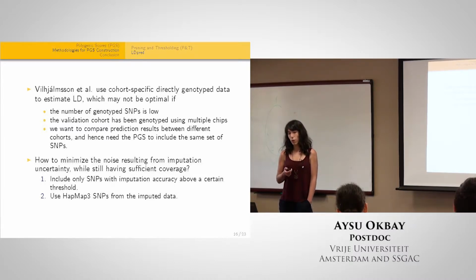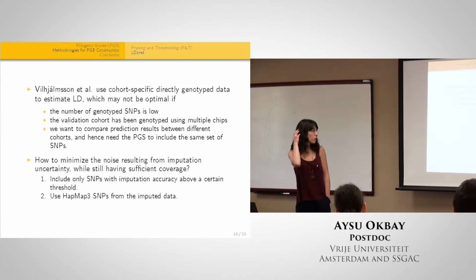Or it's a problem if your validation cohort has been genotyped using multiple chips. For example, 200 people have 200,000 SNPs, and another 500 people have 500,000 SNPs. You cannot then use the genotype data to estimate LD, because you have to pool those data together, and for that you have to impute the data first, because you need the same SNPs in both batches.